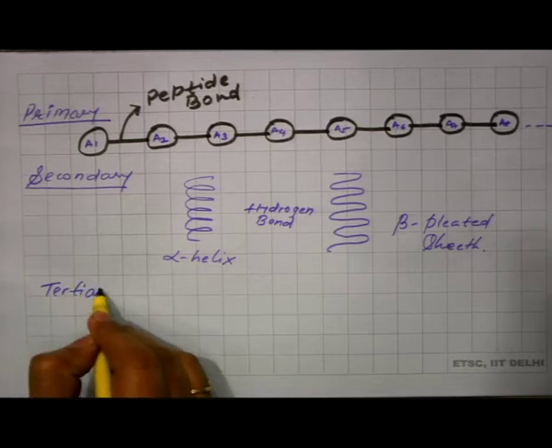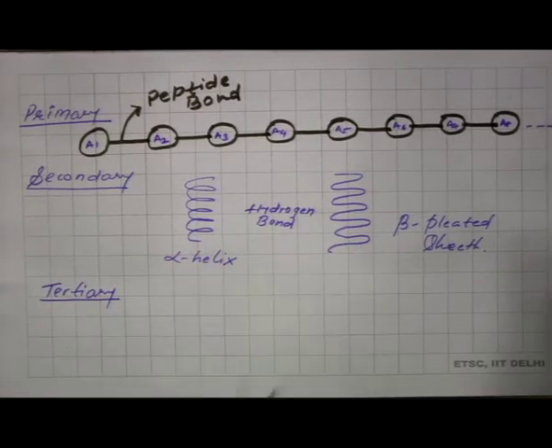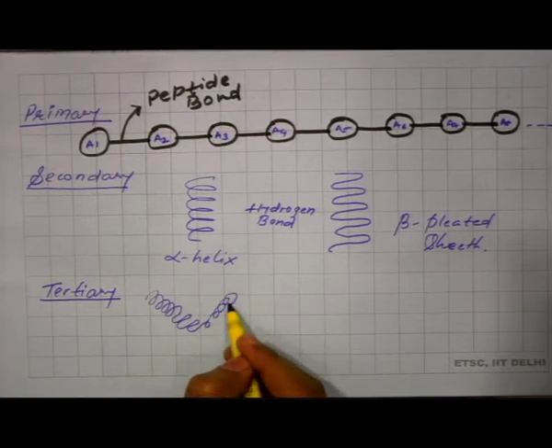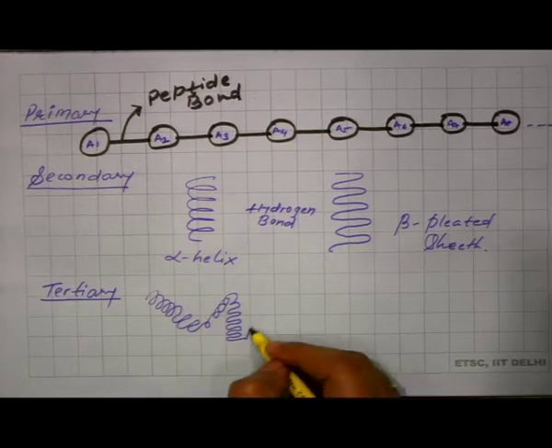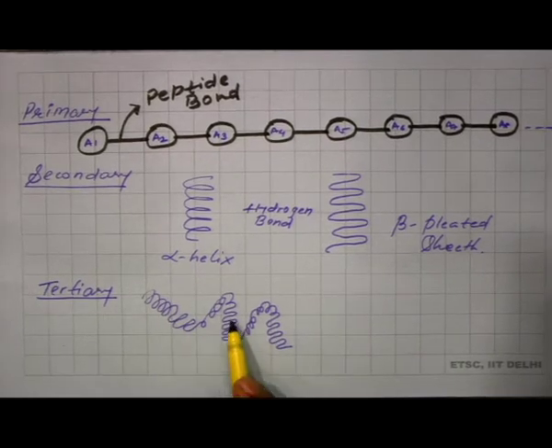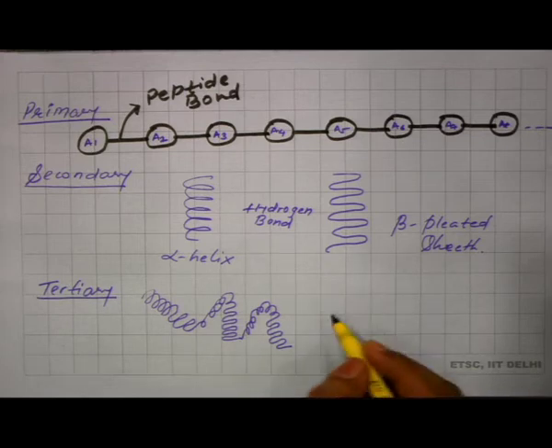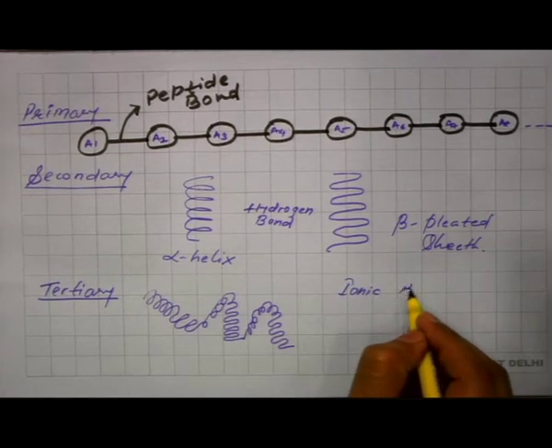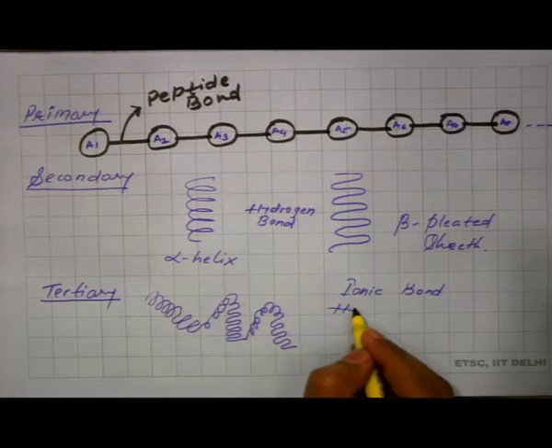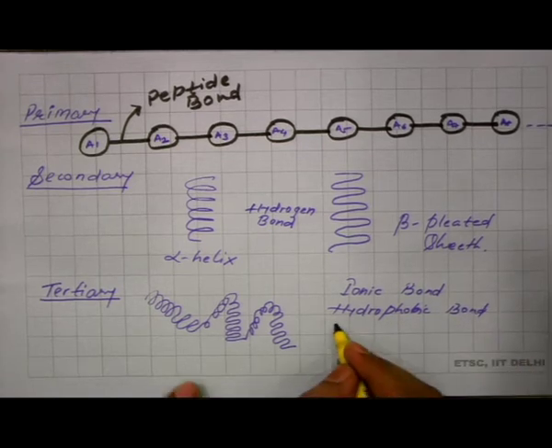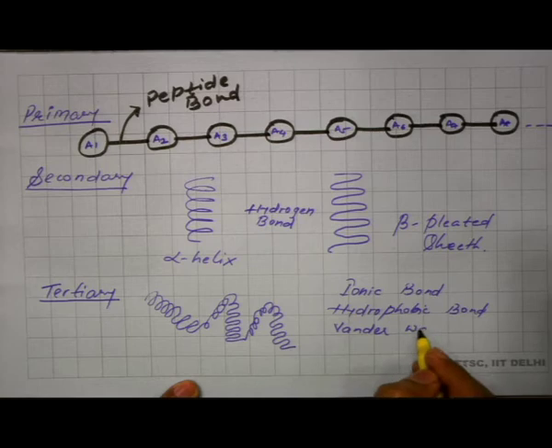Tertiary structure means this structure of protein or polypeptide chain will further coil to form a three-dimensional compact globular structure having alpha helix as well as beta pleated sheet with the help of certain more bonds known as ionic bond, hydrophobic bond, van der Waals force.